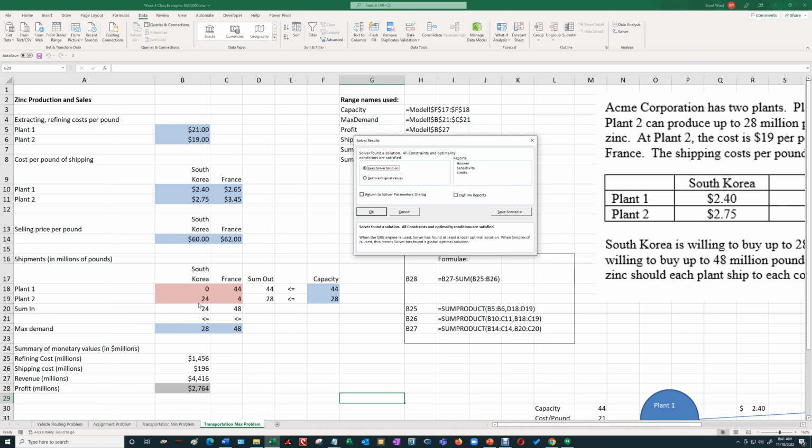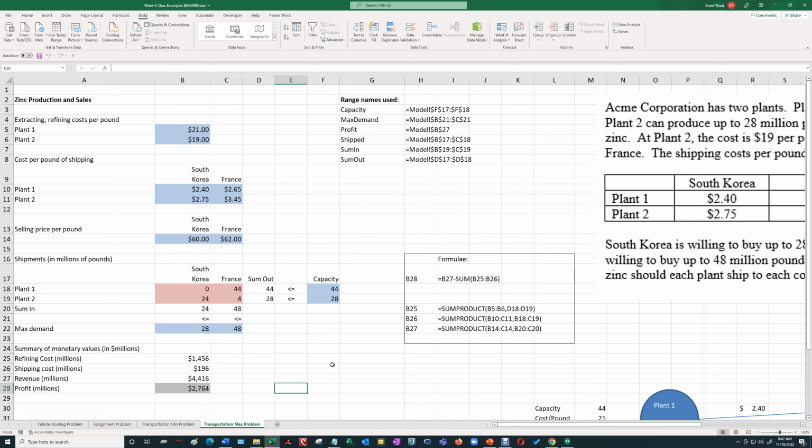Then from Plant 2 you'll ship 24 million pounds to South Korea, and 4 million pounds to France. And that means that your total profit in millions will be 2.764. Okay, and that gives you what your optimal solution is.